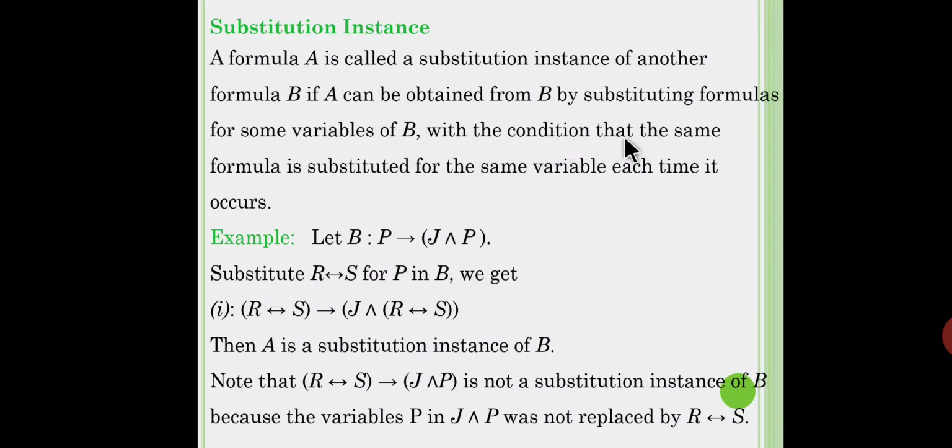Here the condition is that the same formula is substituted for the same variable each time it occurs. So how many times it occurs, we replace that given condition in that given variable. Okay. So this is the example for substitution instance.